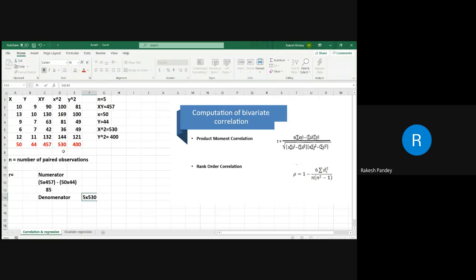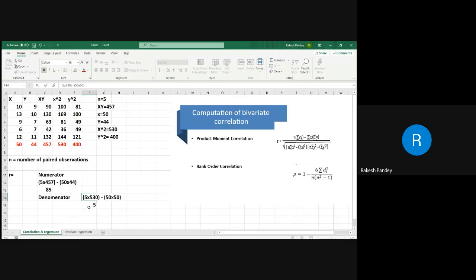So it is 5 into 530, n into summation x square, minus summation x whole square, meaning 50 whole square. So minus 50 into 50.